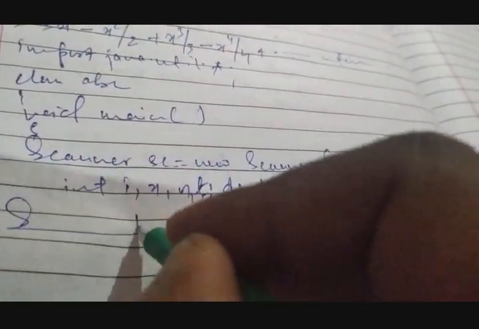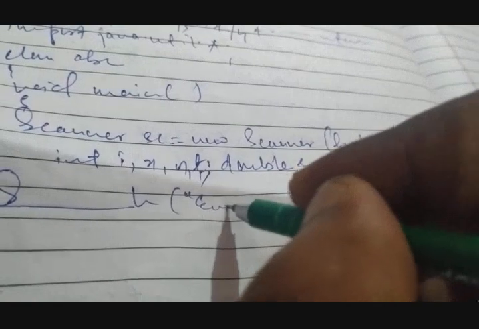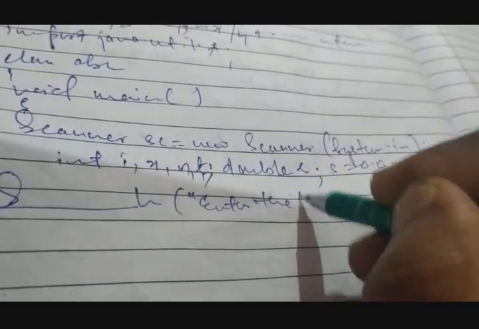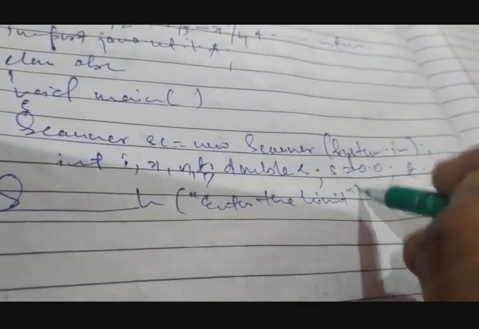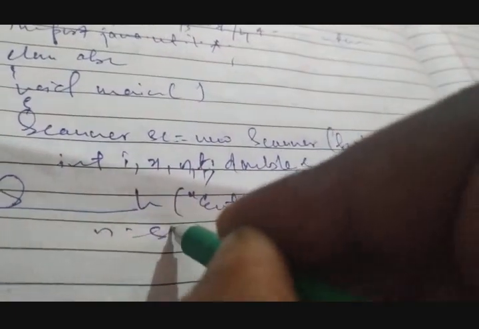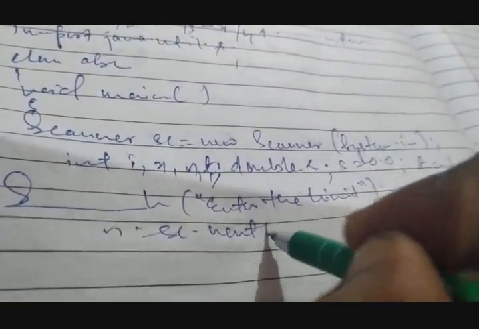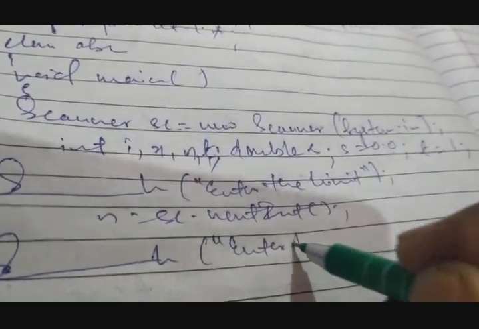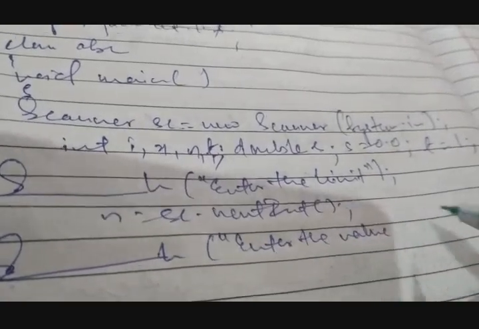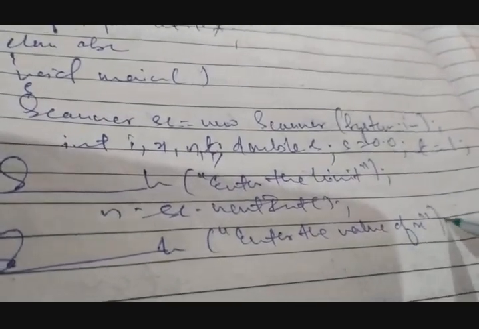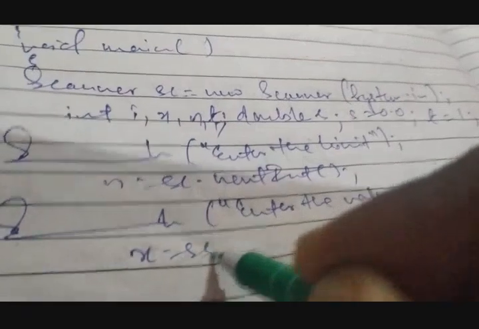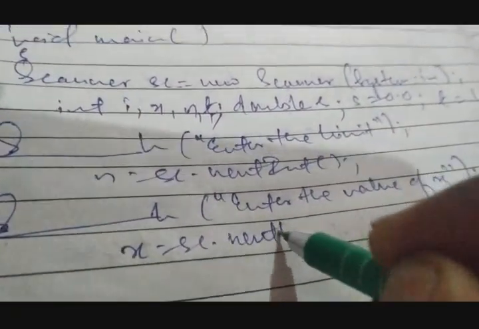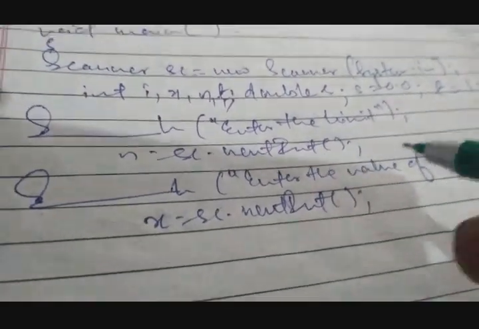So print, enter the limit. n equals to sc dot nextInt method. Enter the value of x equals to sc dot nextInt method.